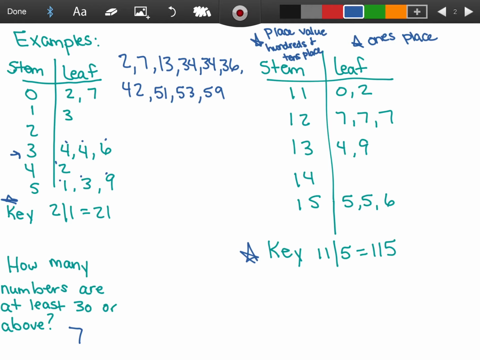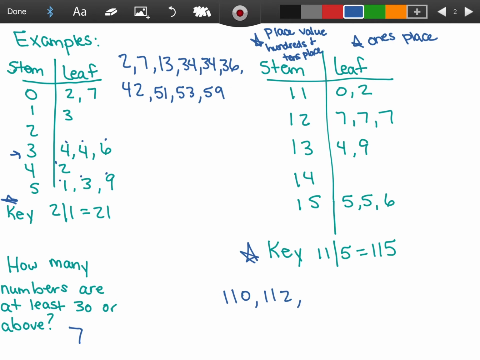Okay, so actually I am going to list out these numbers just so it'll help you more. If you've got a stem of 11, that means your hundreds and tens place are 11, and your leaf would be 0, so that would be 110. The next one would still have a hundreds and tens place of 11, but the ones place would be 2, so that would be 112.